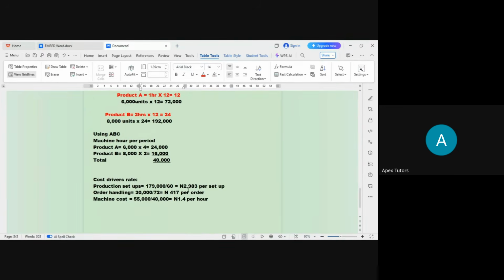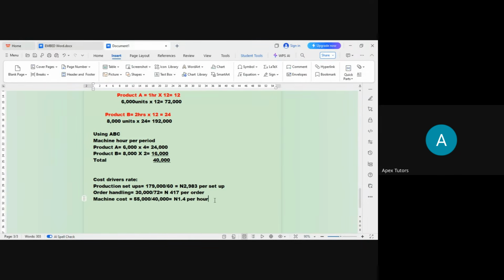You pay 1.4 per hour. Based on order handling, how much will you pay per order? 417. Based on production setup, how much will you pay per setup? 2,983.